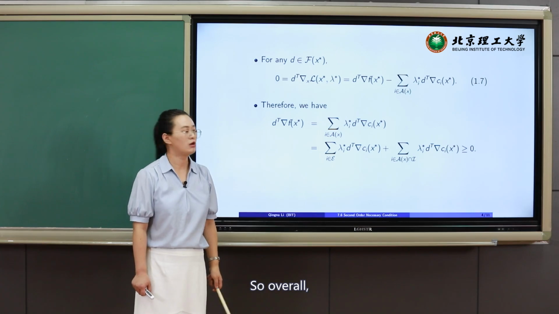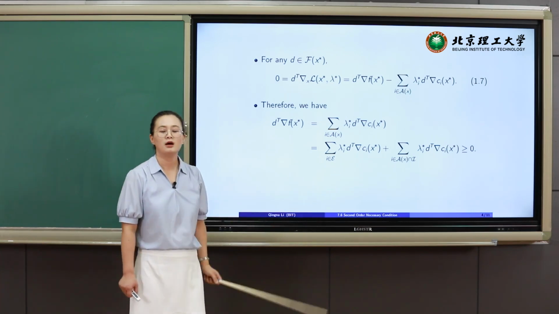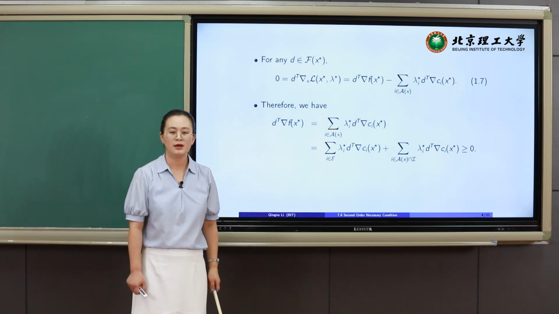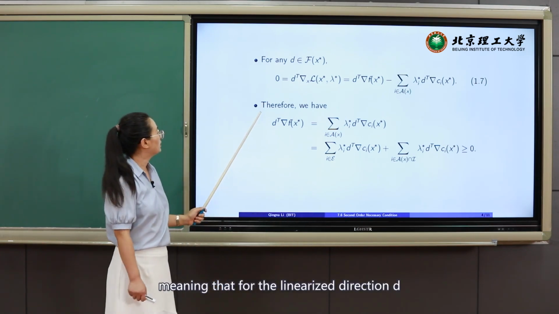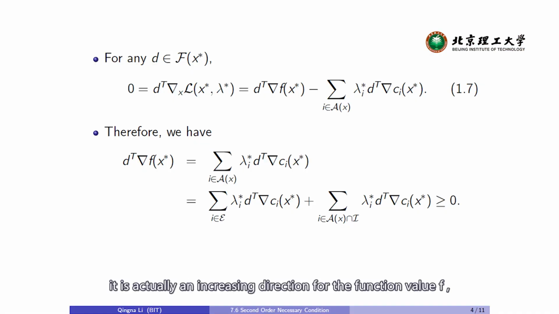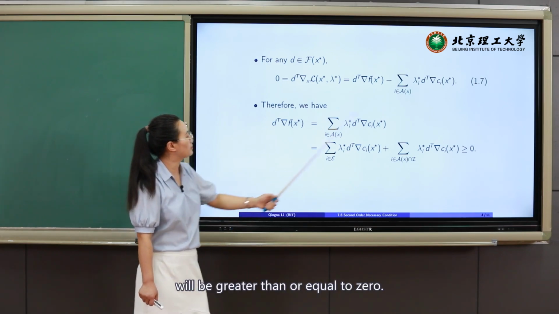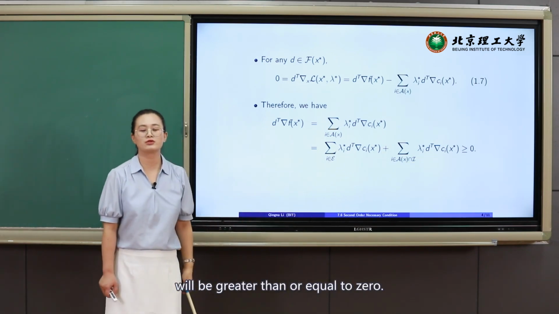So overall, the sum of the two terms is non-negative, meaning that the linearized direction d is an increasing direction for the function value f. The inner product between the two terms will be greater than or equal to 0.